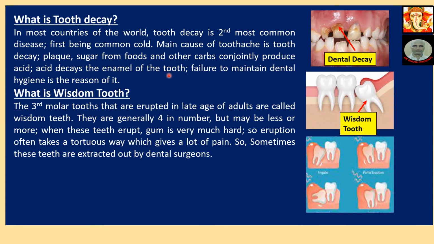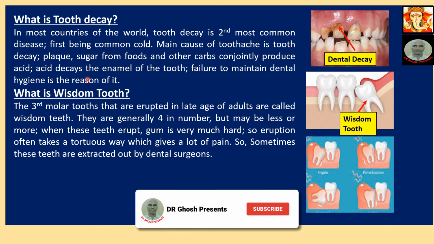What is tooth decay? In most countries of the world, tooth decay is the second most common disease, the first being the common cold. This is another piece of information. The common cold is the most common disease, then tooth decay. The main cause of toothache is tooth decay. Plaque, sugar from foods and other carbs jointly produce acid. Acid decays the enamel of the tooth.